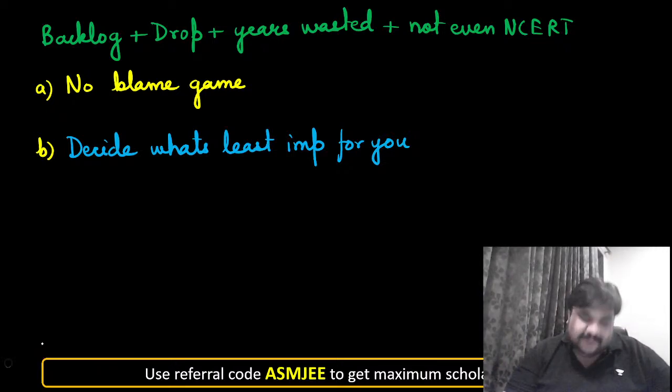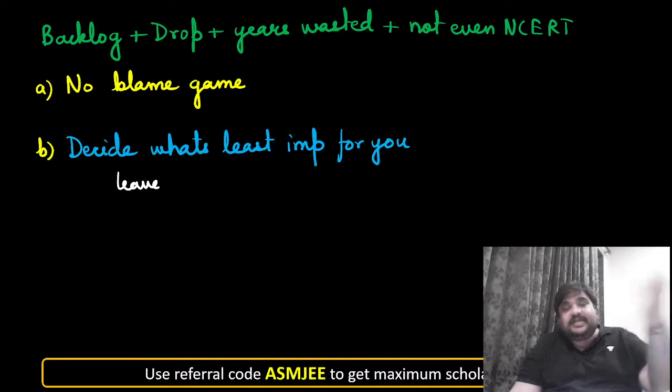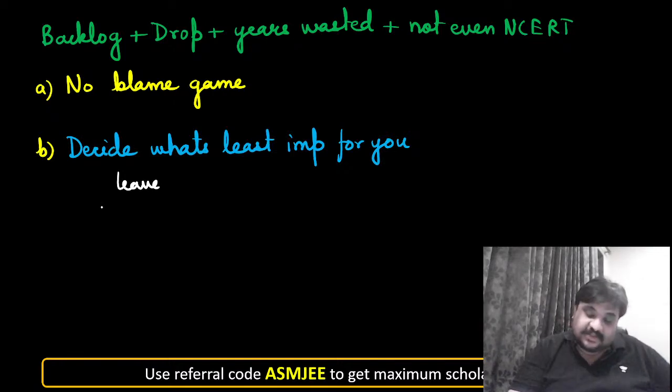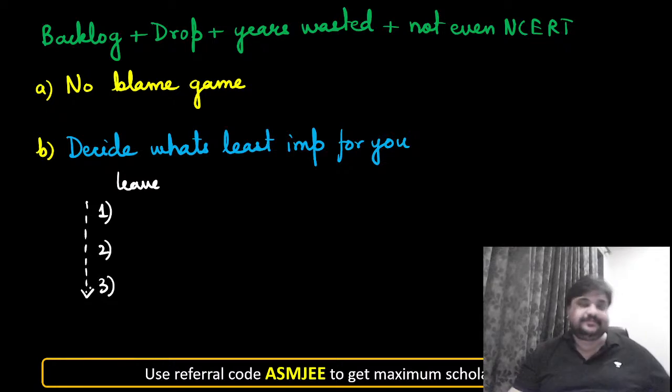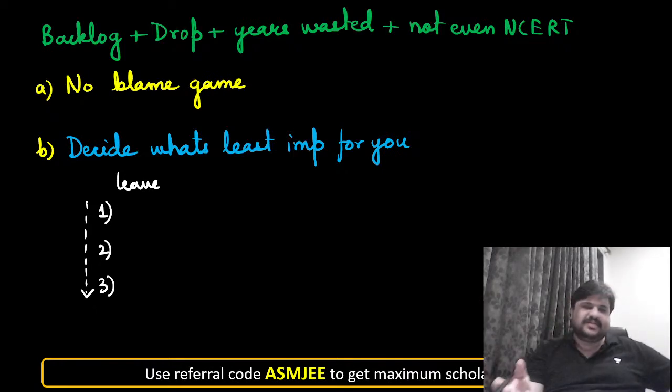You'll have to prepare a list that if I have to leave something, this is the first thing I can leave, this is the second thing I can leave, this is the third thing I can leave. Prepare a list. I'm not saying that you should leave. I'm saying that you should create such a list that I'll leave this, I'll leave this.